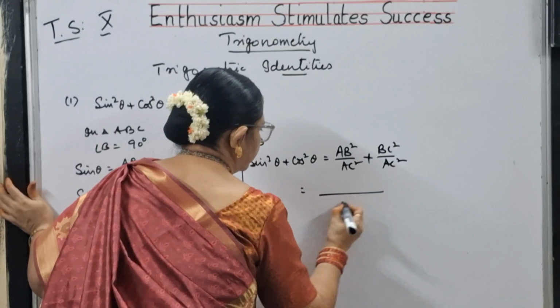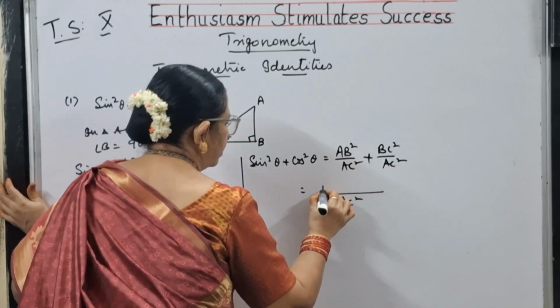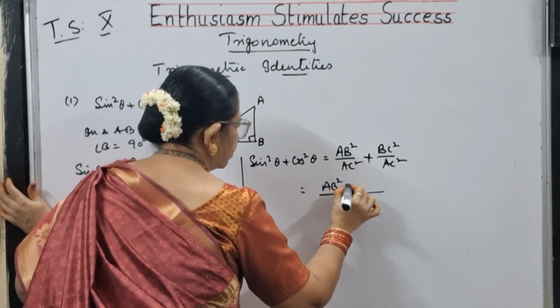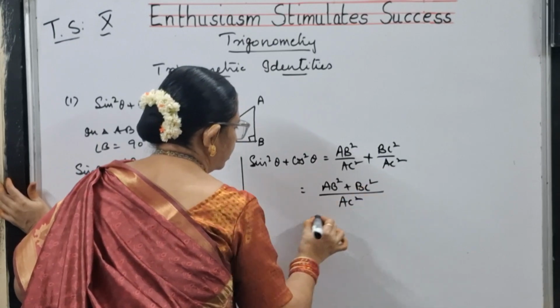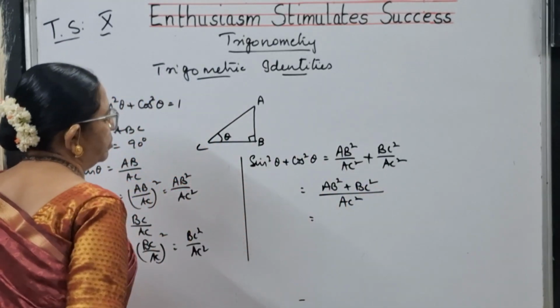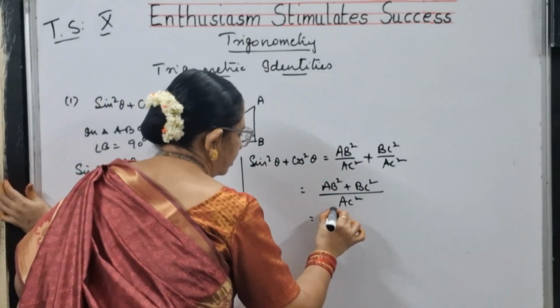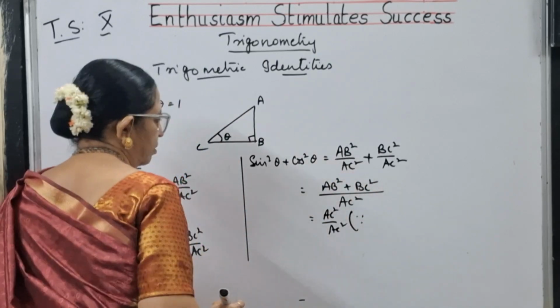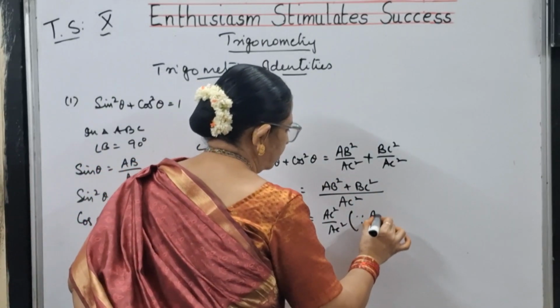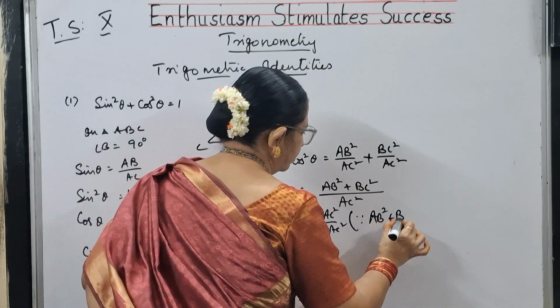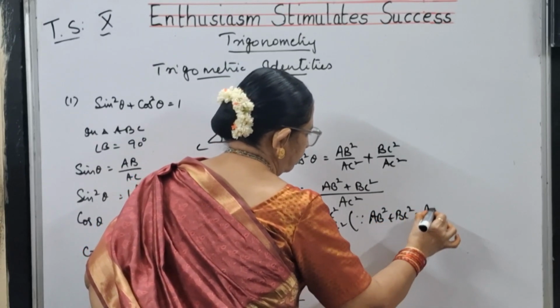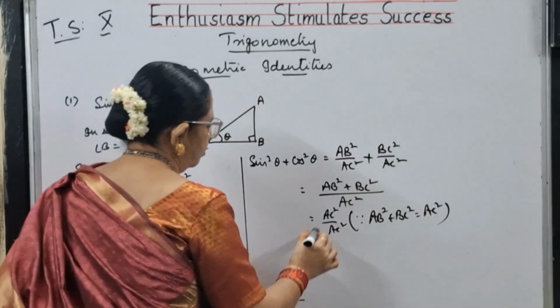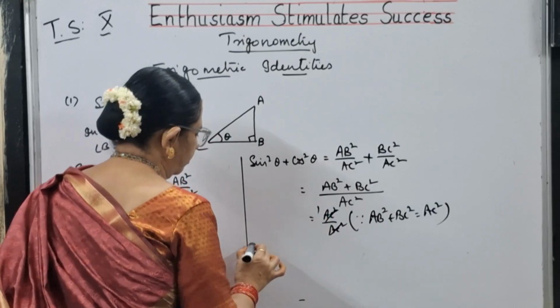So take LCM, you will be getting AC square, and in the numerator AB square plus BC square. What is AB square plus BC square? It is AC square by AC square. Why is it? Because AB square plus BC square is equal to AC square. So these two will get cancelled, we will be getting 1.